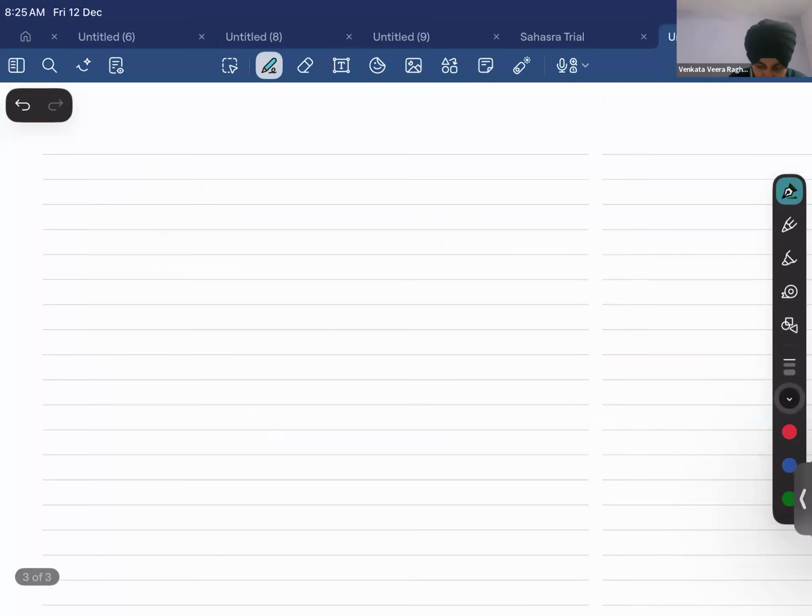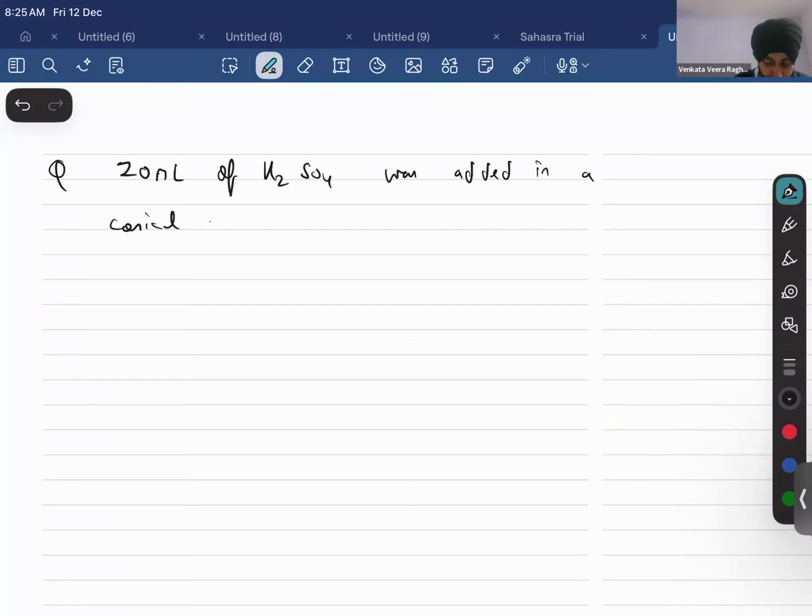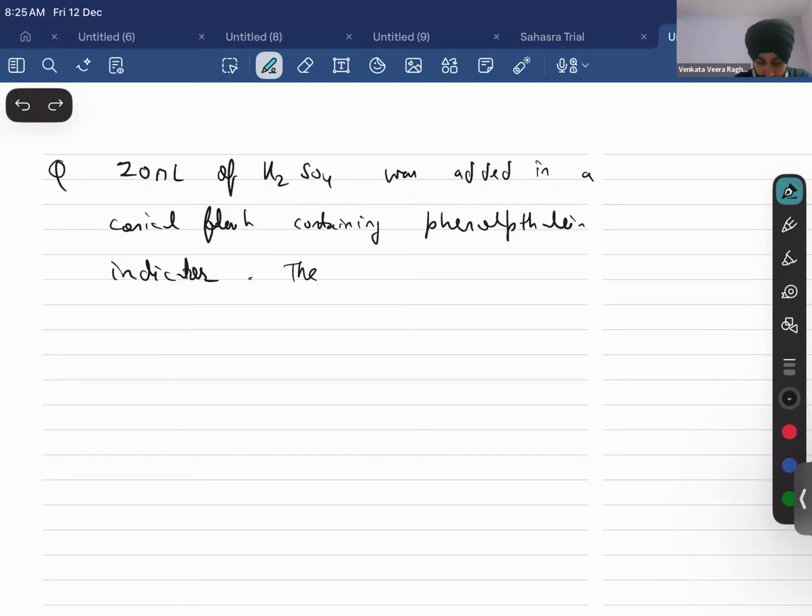Please try it. Let's say 20 ml of H2SO4 was added in a conical flask containing phenolphthalein indicator.